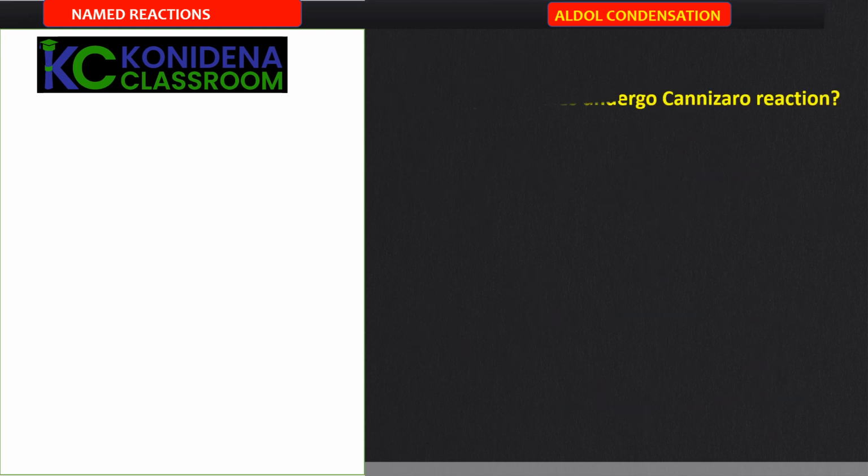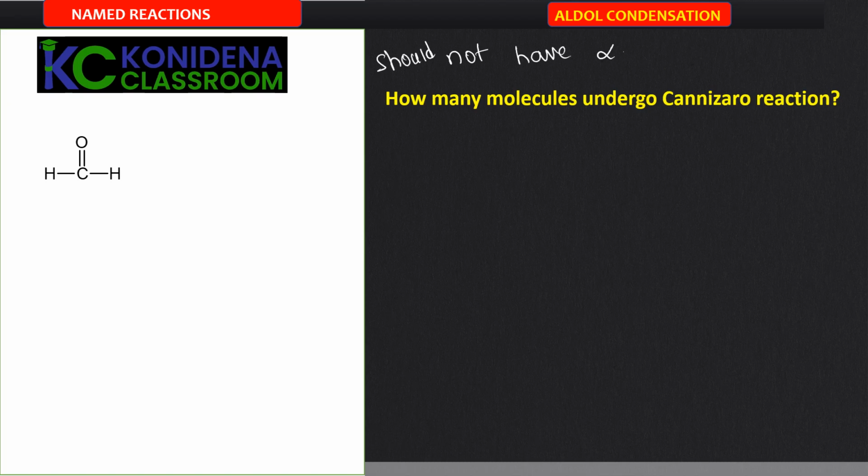Let us find out how many of these molecules undergo the Cannizzaro reaction. What is the essential condition? The carbonyl species should not have alpha hydrogen.